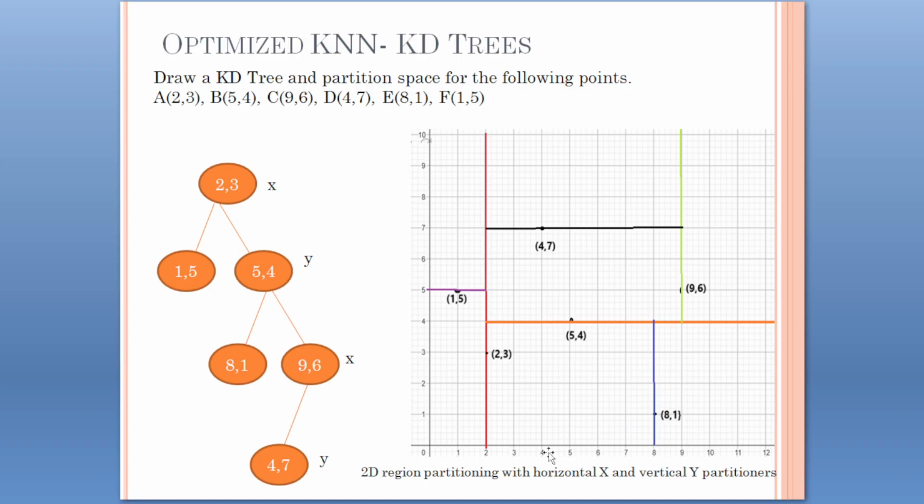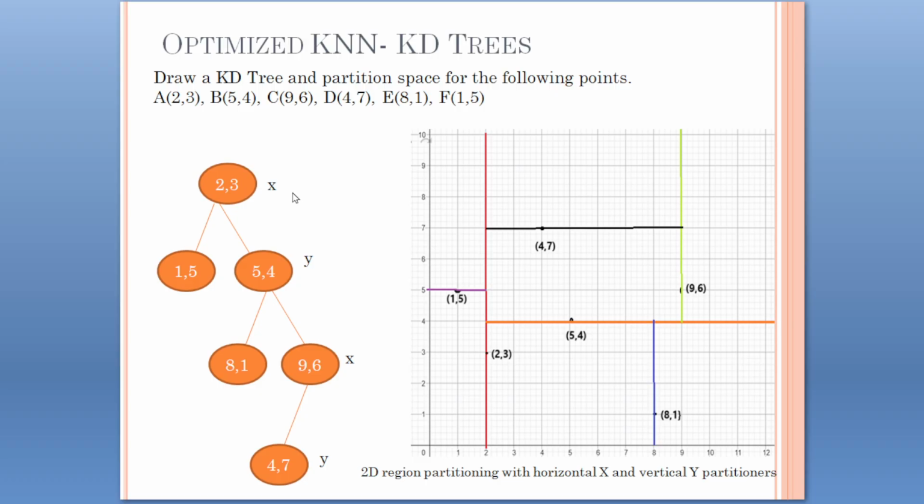Now let us see how to build KD trees with an example. In this figure, we can see we have an example with six different data points, point A, B, C, D, E and F. So first we build the KD tree. The first point here is A, 2, 3. So we draw the root node of the tree, 2, 3.